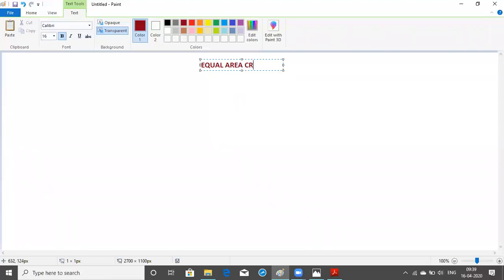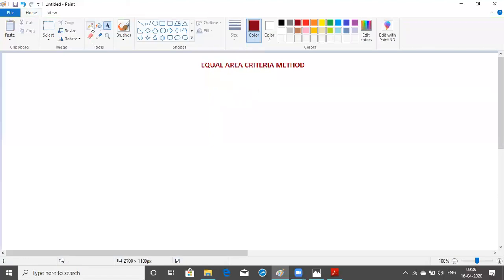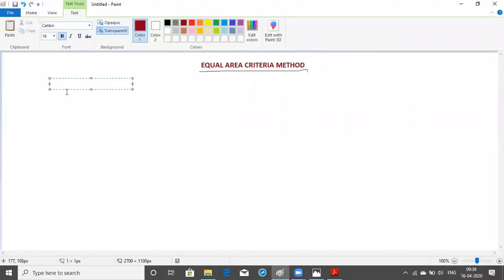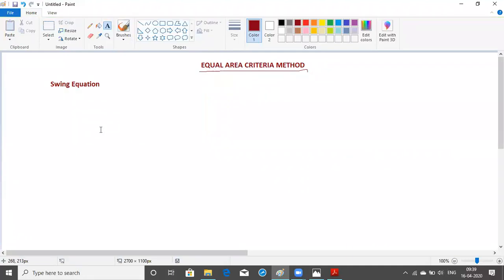In order to discuss this equal area criteria method, first you need to write down the equation, that is, you need to bring the equation from the swing equation. What is actually the swing equation?